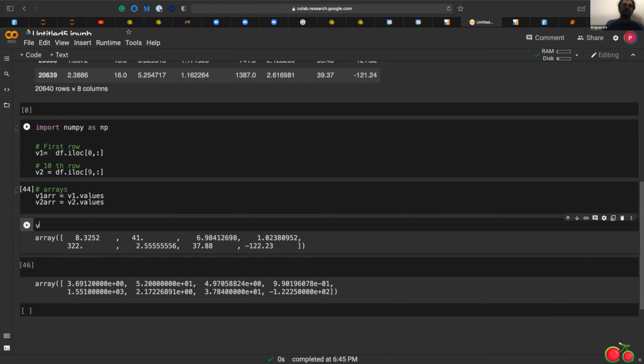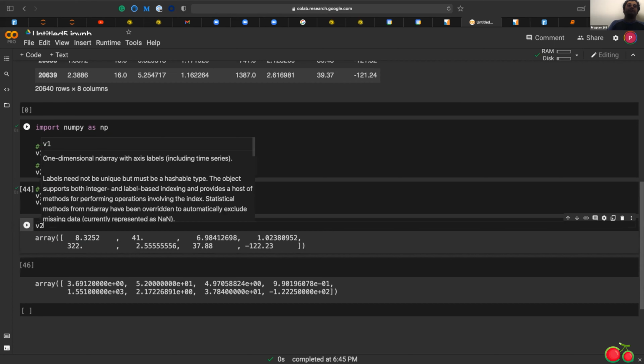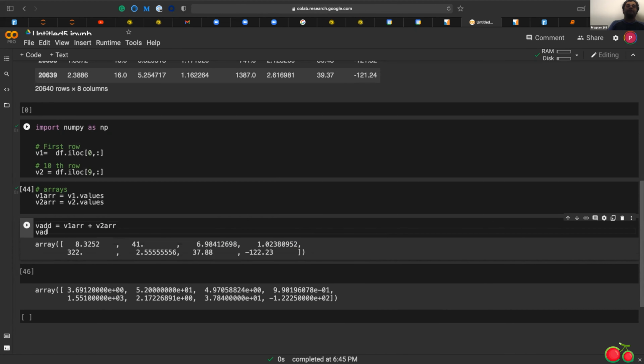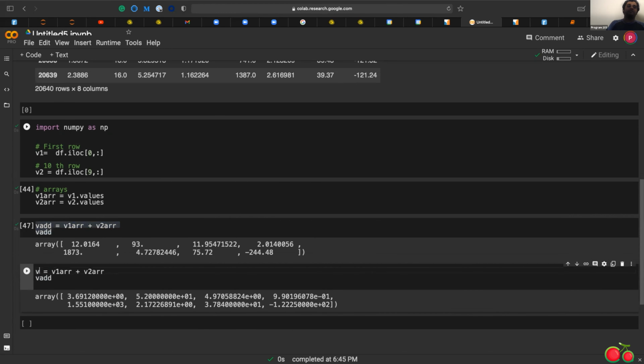vector addition and subtraction is pretty simple. Vector add is literally just v1 add v2. So this vector is essentially a sum of vector 1 and 2. Nothing fancy there. Vector subtraction would also be pretty simple.